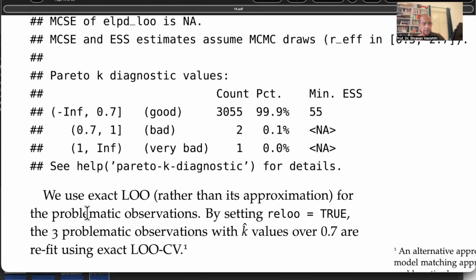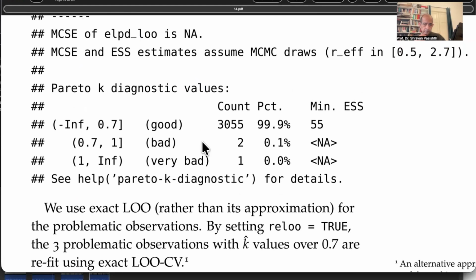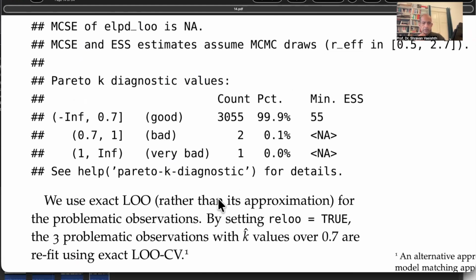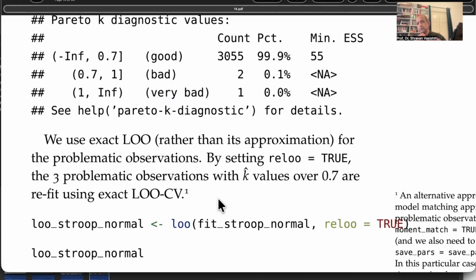It tells you that there are three diagnostic values that range from bad to very bad. So basically all you need to do in loo is to add another parameter to the loo function, which is reloo equal to TRUE.